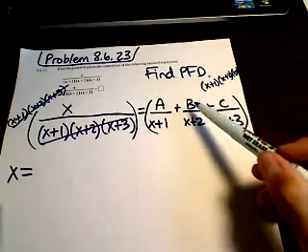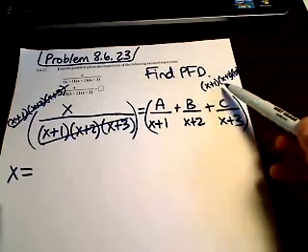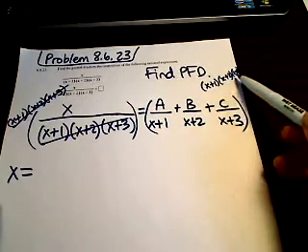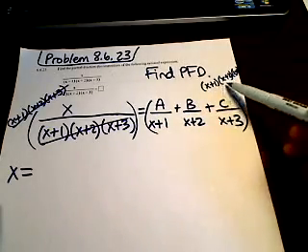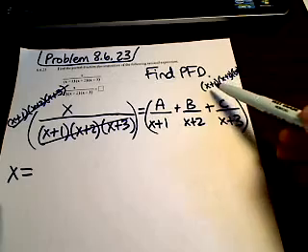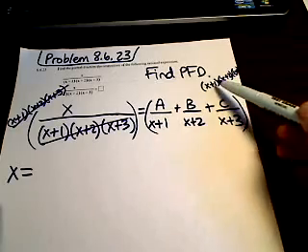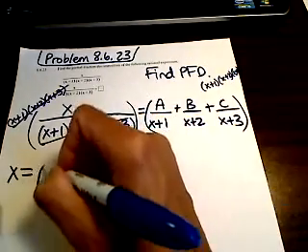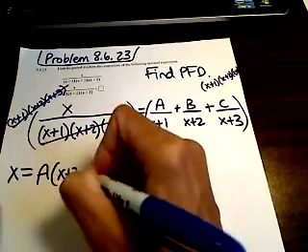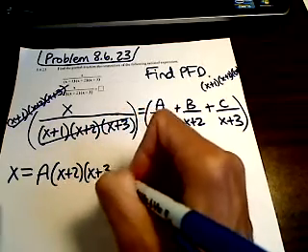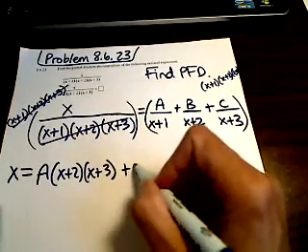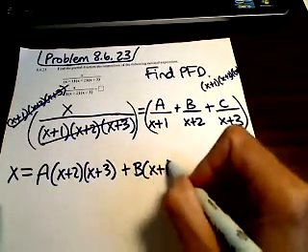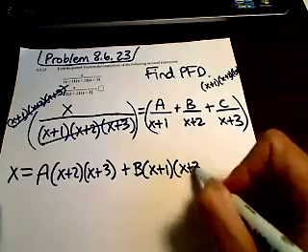Okay. On this side, we're actually going to have to distribute this whole thing to each of these. So each piece here is getting multiplied by this whole thing. So when we distribute, the x plus 1s will cancel, and we have A times (x plus 2)(x plus 3). The x plus 2s will cancel when we're talking about the B, so we'll have B times (x plus 1)(x plus 3).